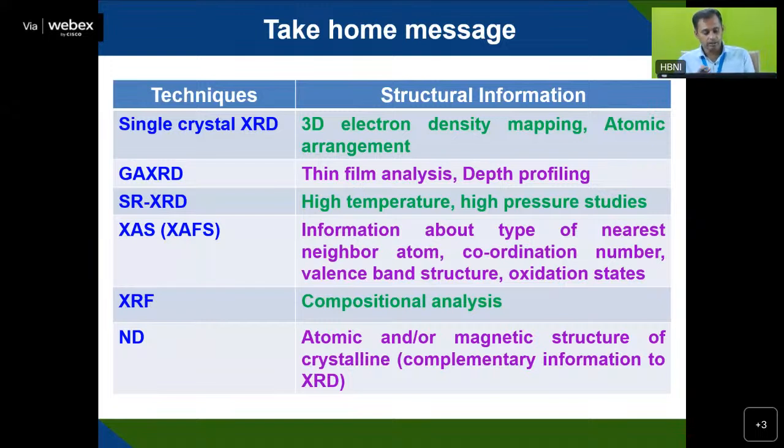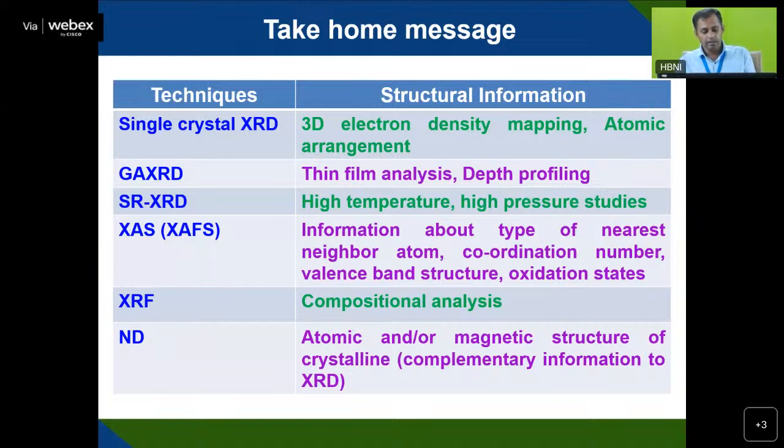And finally, I discussed the neutron diffraction pattern. Neutron diffraction is complementary to X-ray diffraction. Since neutron sources are used, you get complementary information here. Elements like carbon and hydrogen are sensitive here, and you are able to find out both the atomic and magnetic structure of crystalline materials.